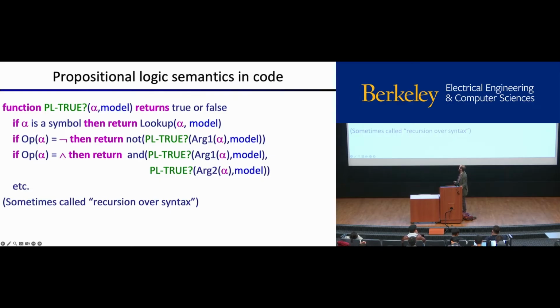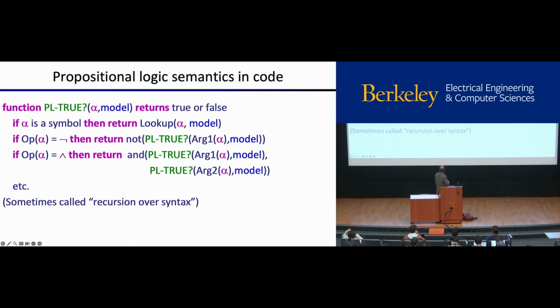If the highest level operation is not, then we strip away the not, we evaluate the sentence that's left on the same model, and then we flip the value at the end. So it's going to be not whatever's coming next. Whatever's coming next is the sentence inside.